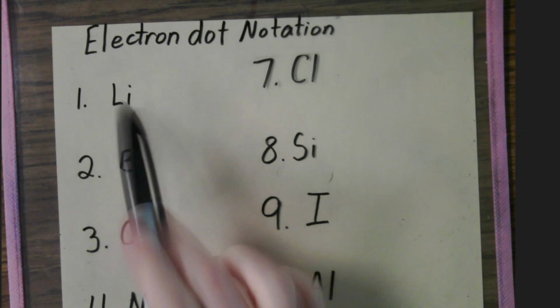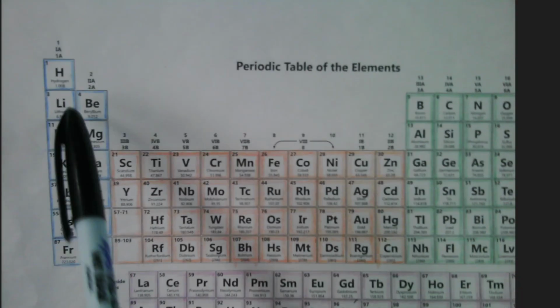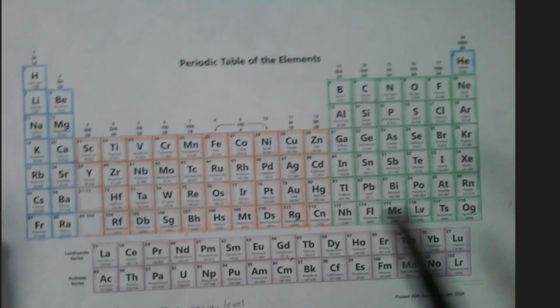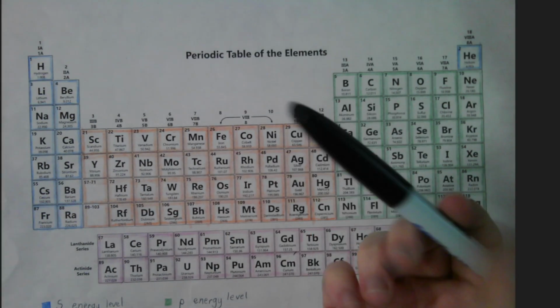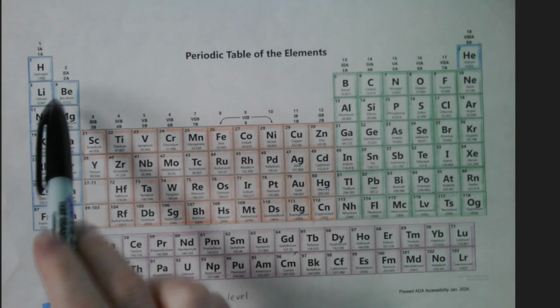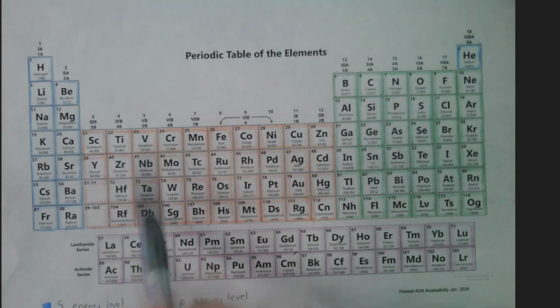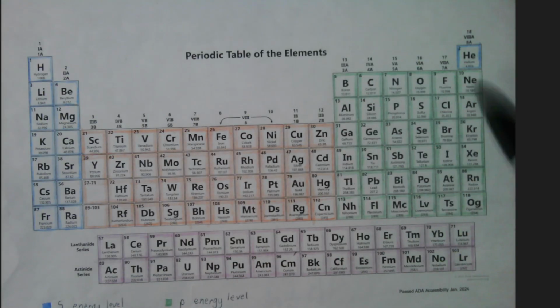Number one, lithium. When I look at lithium, we're going to look at our periodic table. One thing you'll notice is, well, you may not be able to see it very well, but each column on the periodic table has a number correlated to it.